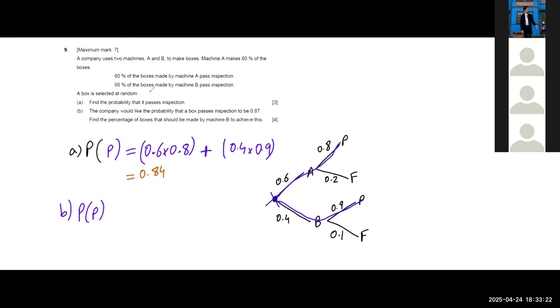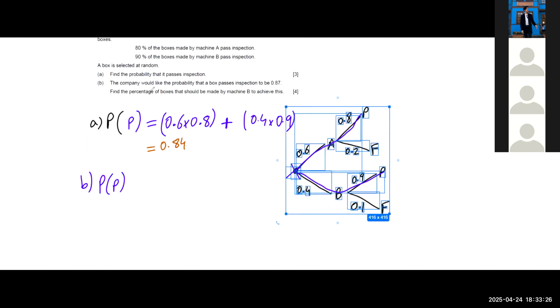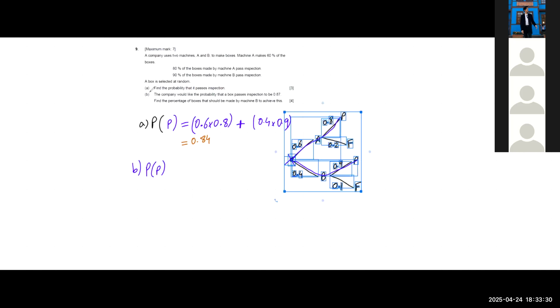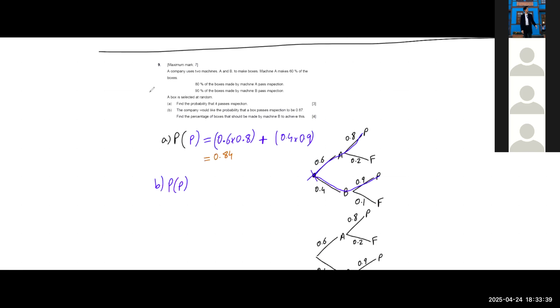Let's copy our tree diagram and talk about what we can change in this tree diagram. On this tree diagram, we have a bunch of hard set values. Of course, since you're a company, you can decide which machine makes how many of the boxes. We want the probability to be 0.87, so we want this to be exactly 0.87.